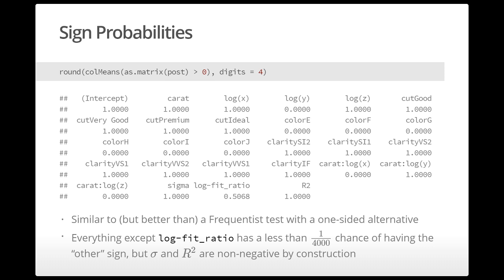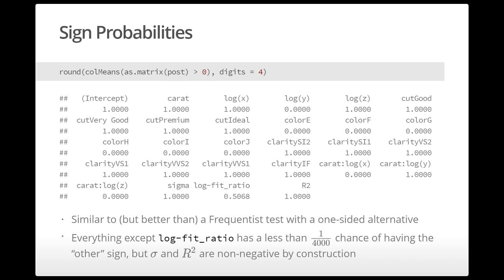Anyway, all of these are either 0 or 100. All 4,000 draws of the cut ideal coefficient came out on the right side of 0. None of them were negative. Some of the other ones, like color I, I don't know what color I is, but we're almost sure that it has a negative effect on the log price.